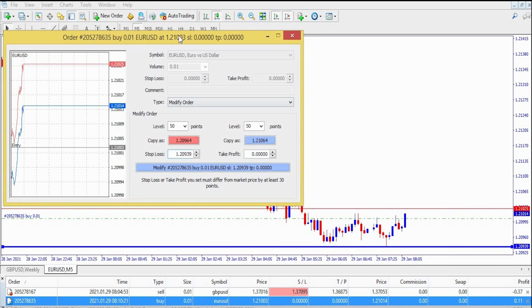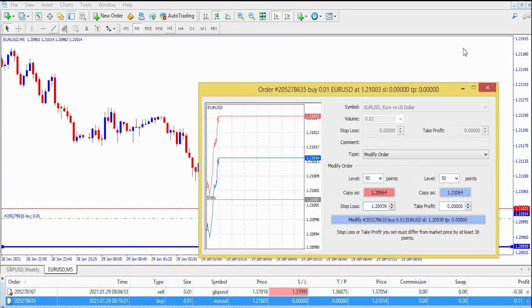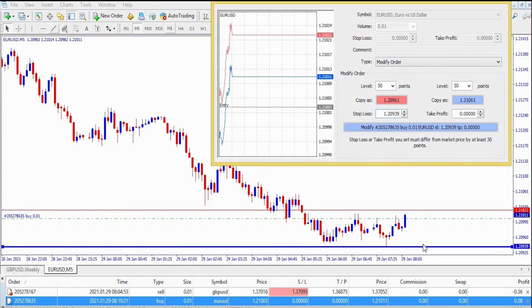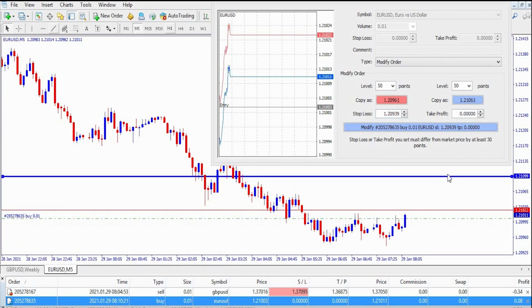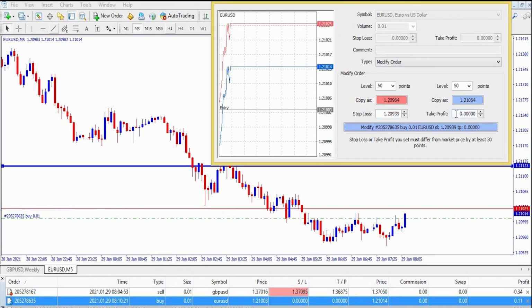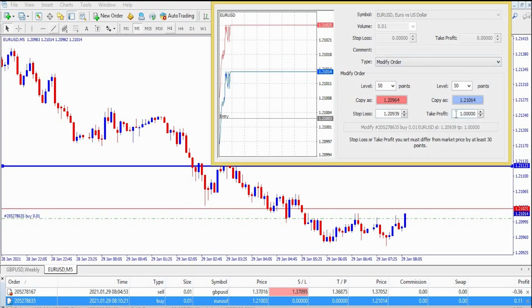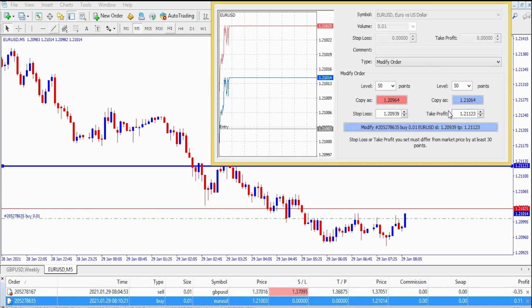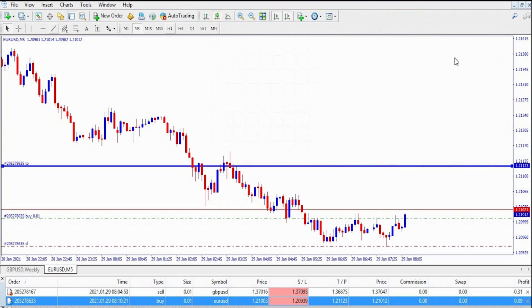That's my stop loss. Then for my take profit, if the market gets somewhere around here, I'm okay. So I can input the figure 1.21123.